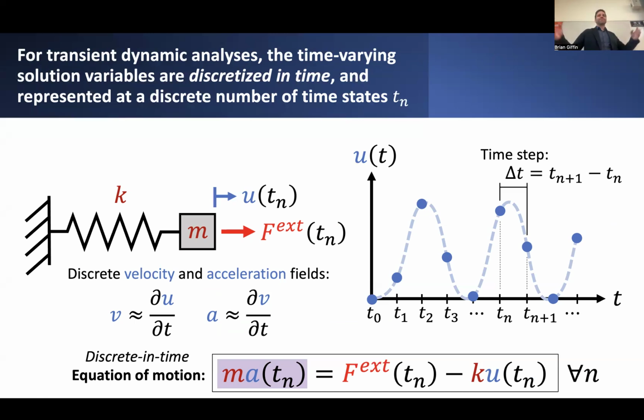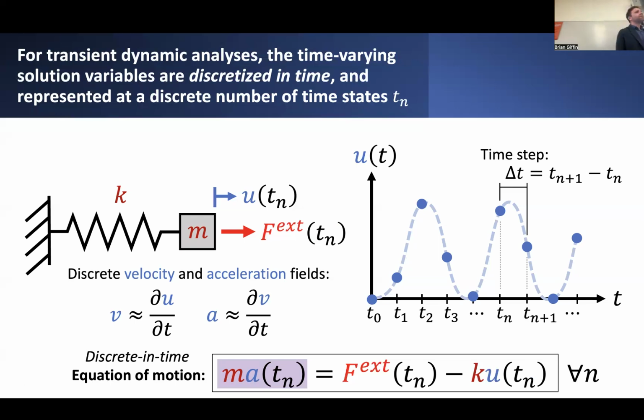We have to come to this problem and say, I'm going to subdivide the whole time domain into a sequence of time steps, which might have finite size delta t. And I might have any number of these, but at each one of these time steps, I'm seeking to solve this equation of motion.